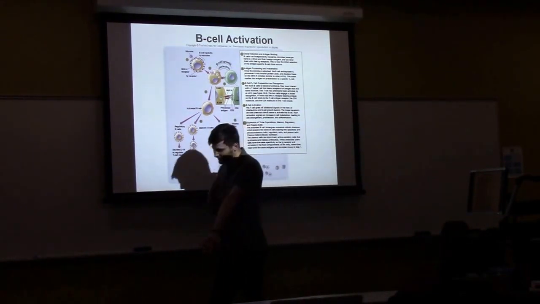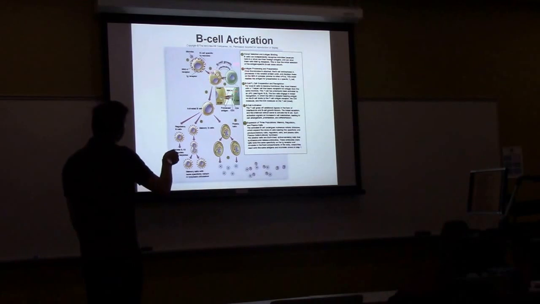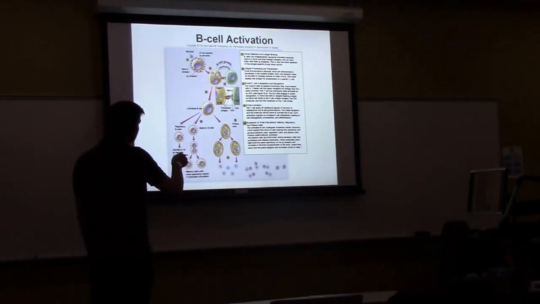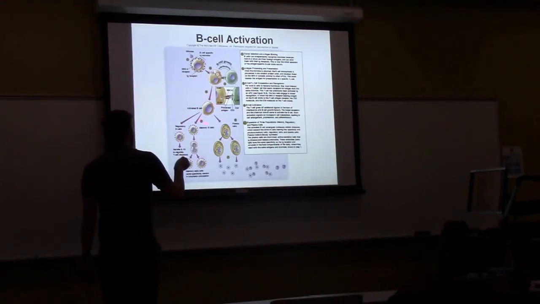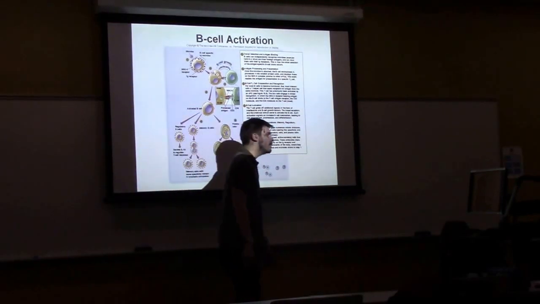They'll go back into the lymphatic system, they'll show it to all the T cells in hopes that they find the T cell that responds to it. If they do, they then dump a bunch of chemicals on each other, making them both activated. And an activated B cell will go make millions of copies of itself, most of which will make antibodies, known as plasma cells, and a small percentage of them will become memory B cells, which give you immunological memory.